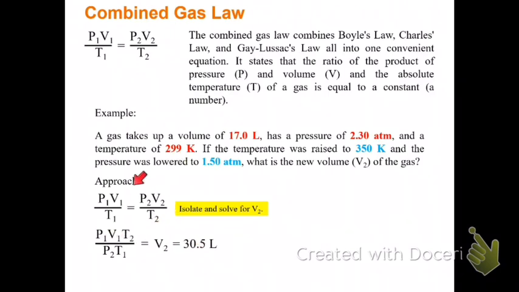P1, the first pressure 2.30, times the initial volume 17, times the final temperature, which is 350 kelvins, divided by 299 K times 1.5 atmospheres. And you get 30.5 liters.